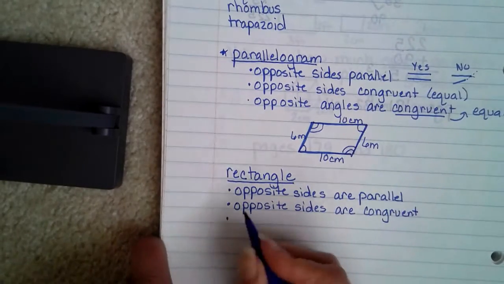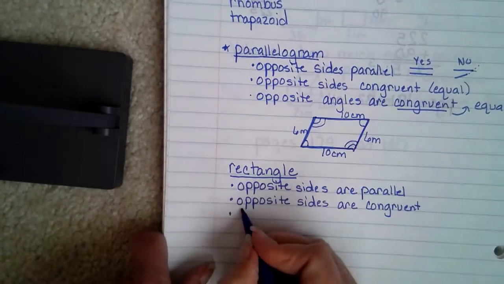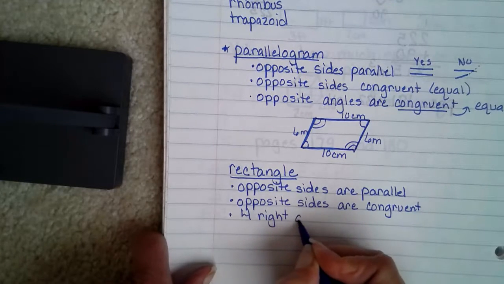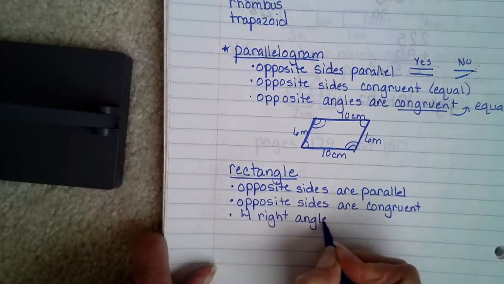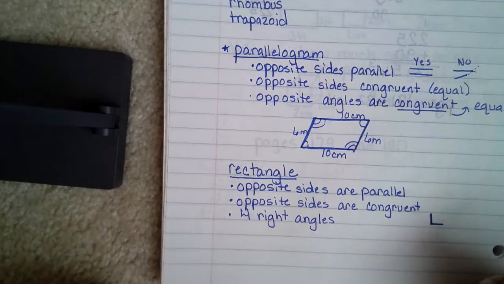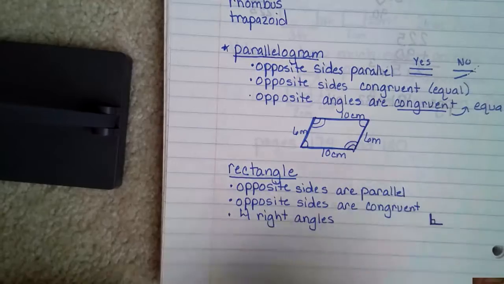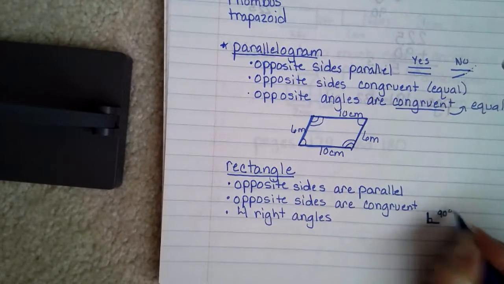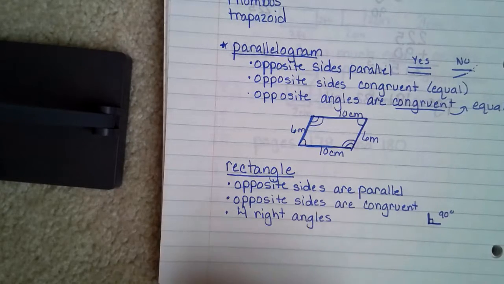And the next one about the angles is a little bit different. It has 4 right angles. So what that means is that the angles are exactly 90 degrees. So they're going to look like the corner of a piece of paper. And sometimes we put a little square in there to show that it is exactly 90 degrees. That's a right angle.